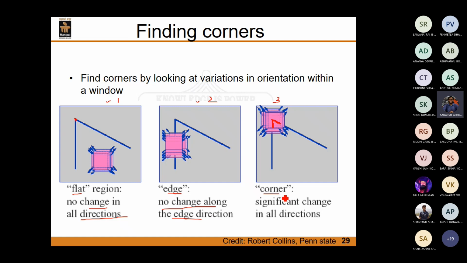If you consider a corner image, you do have gradient vectors present, they are large non-zero values, and there is a significant change in the direction of the gradient vectors. These are the three different scenarios. Let us see how we can interpret this mathematically, and how we can use these concepts to detect which region has a corner.